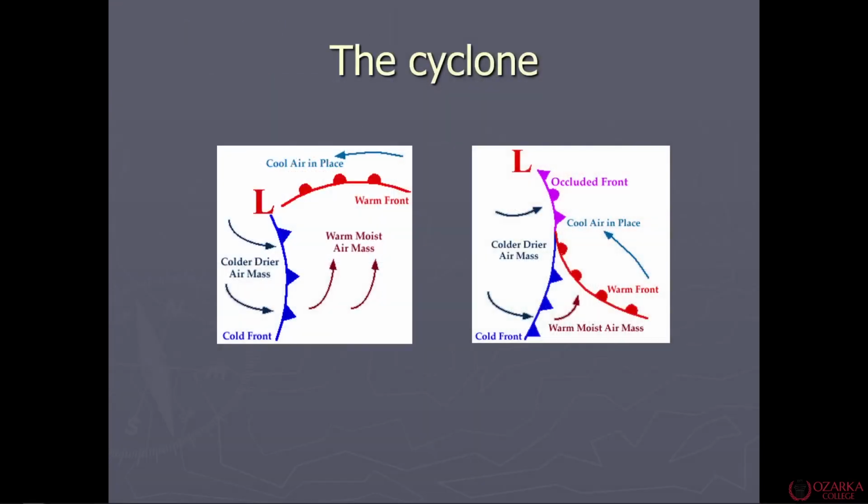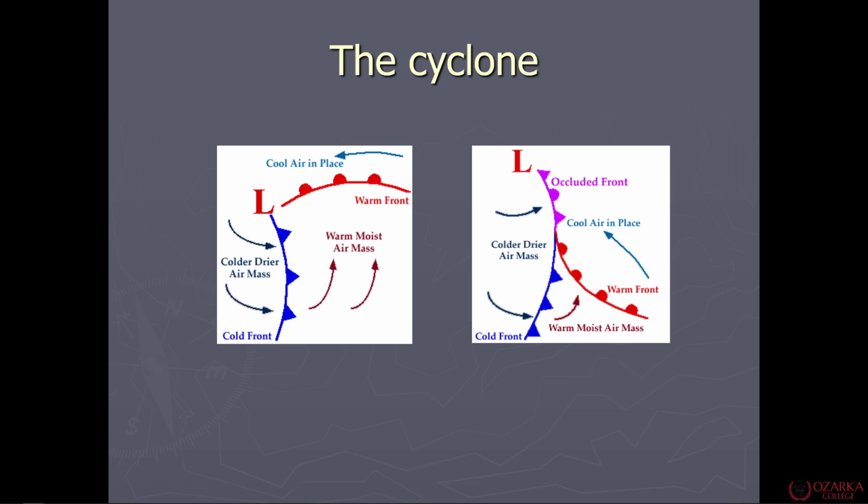So the cyclone, as you can see here, we've got a low-pressure system. We've got a cold front that extends off the lower portion on the left of the low-pressure system, and a warm front coming off parallel to the low-pressure system with warm moist air out ahead of the cold front.